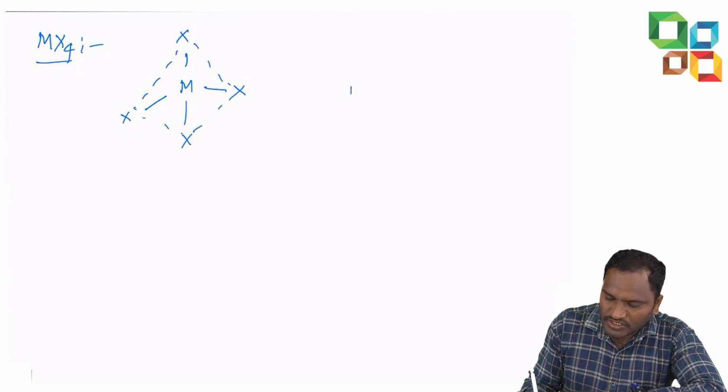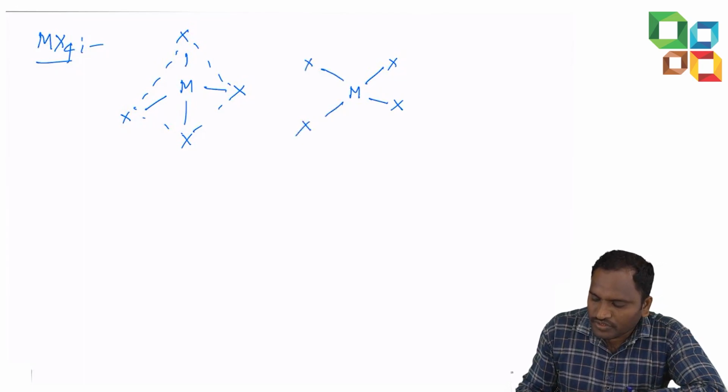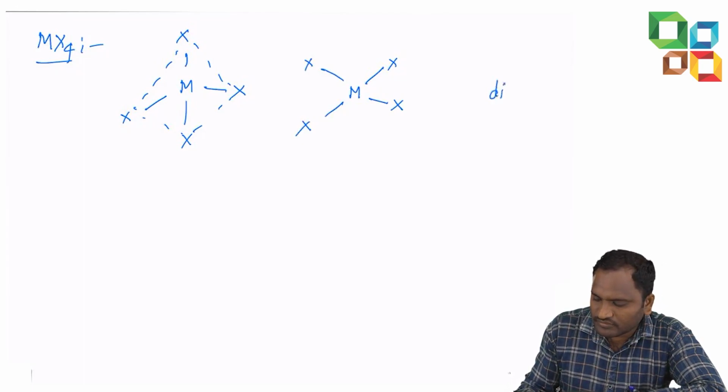Another one, square planar form. Another case, distorted tetrahedral. Distorted means there is no symmetry, so mu is not equal to 0.